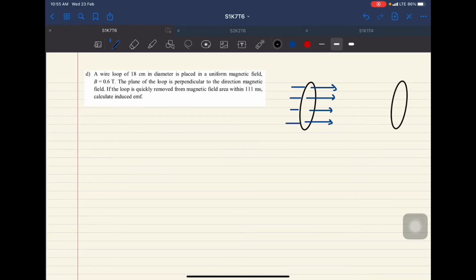So for question number 8D, it says that a wire loop of 18 centimeters, so radius is 9 centimeter. That means the area comes from pi r square, which is pi times 0.09 square. I got here 0.025 meters square, the area.